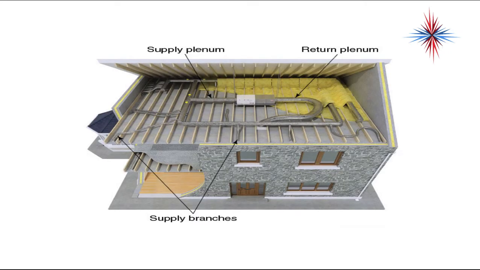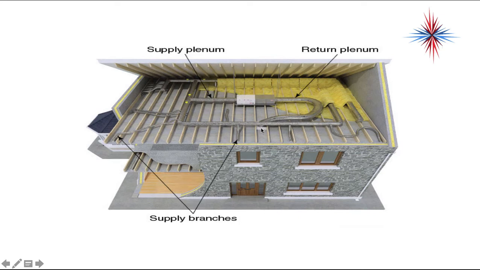So again, this is just a cutaway of an attic system. We have our air handler, we have our supply plenum, and we have our return plenum. Now if we take a look, this is probably not the best design because we have our supply plenum coming out, okay, and then we're branching into a number of different locations.